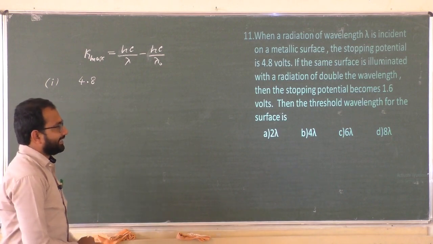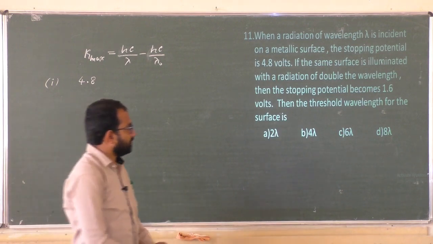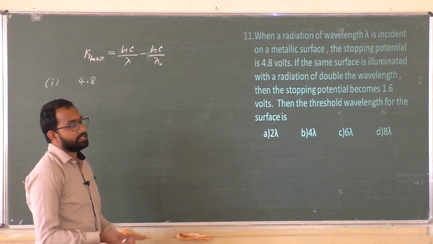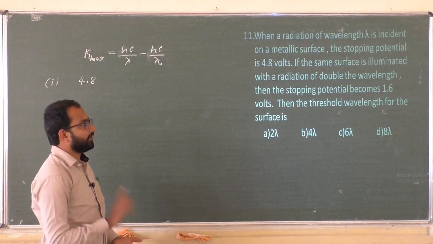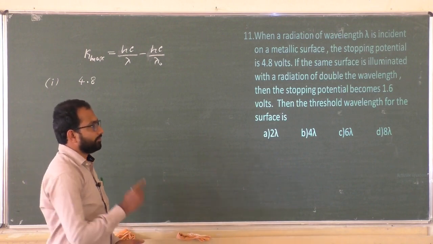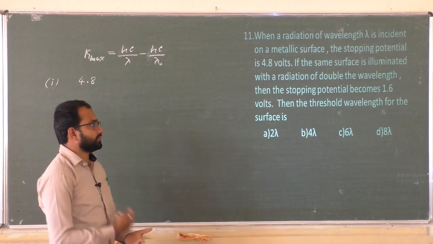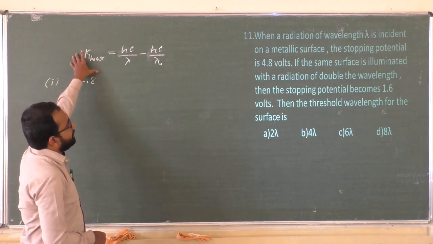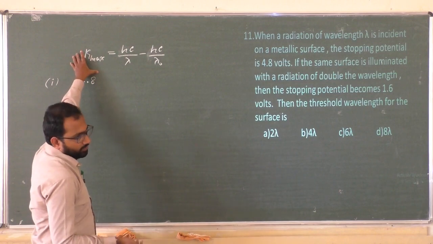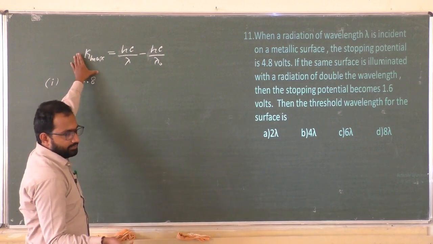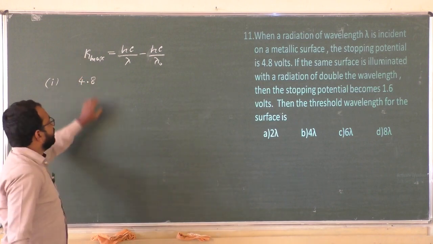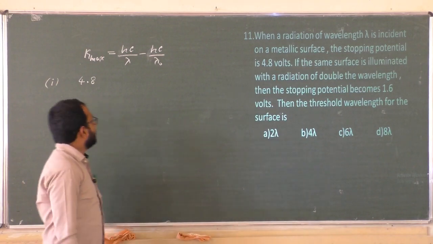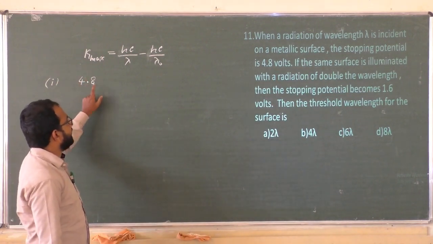Because the kinetic energy of the fastest electrons, expressed in terms of electron volt, is equal to the stopping potential in terms of volts. Numerically they are same. Means if the stopping potential is 4.8 volt, then the kinetic energy will be 4.8 electron volt.